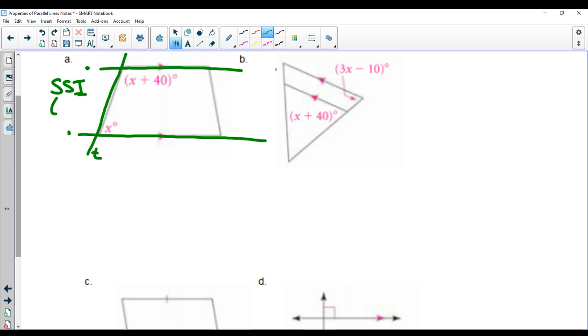What's that relationship? We know they equal 180. So what we do is take x down here, add it with x plus 40, and it should equal 180 degrees. All right? And now we're going to combine like terms.